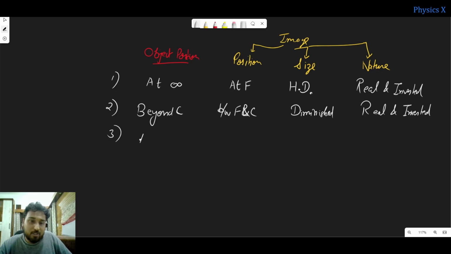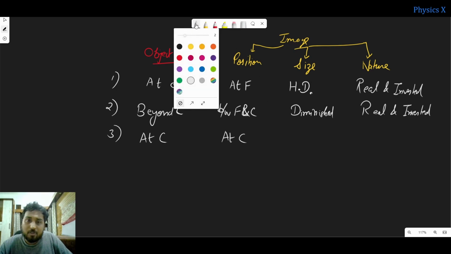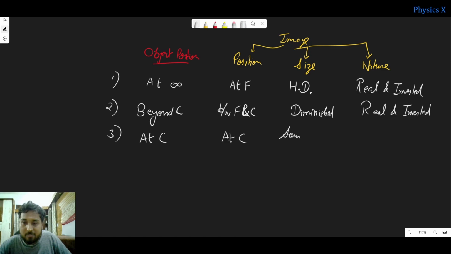Again, when I took it at C, the position of the image was also at C, and now the image was of the same size. Let me write it correctly. Same size of the image was observed.